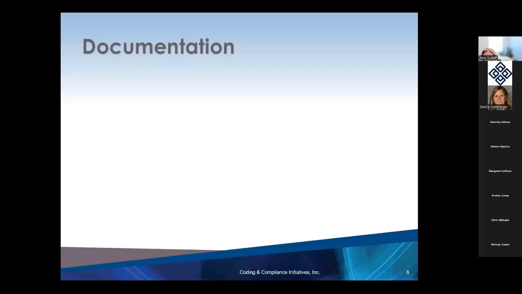Okay, so when we're thinking about our documentation, again, we're looking at our history, our exam, and our medical decision making. From the subjective portion, we are looking for the provider or the clinical staff to document information related to that hypertension. So we're looking for either some presence or absence of current symptoms.